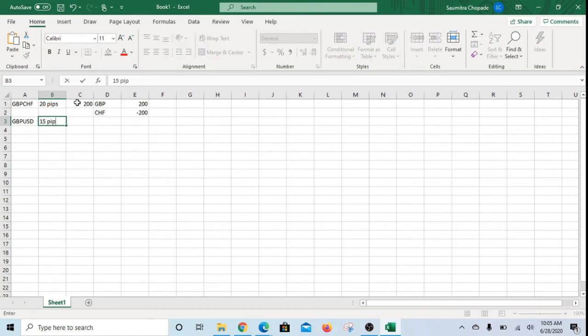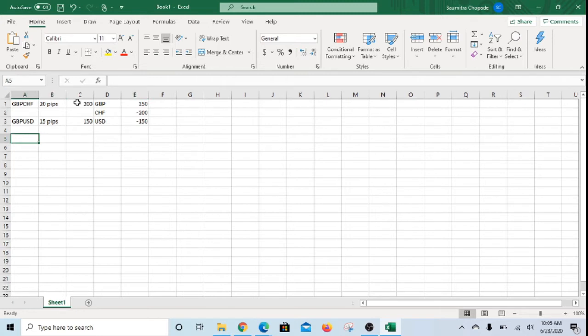So a gain of 15 pips in this pair, which converted to points is 150. So now GBP gets 200 plus 150. CHF, we don't know, we just checked the second currency right now, but USD gets minus 150.